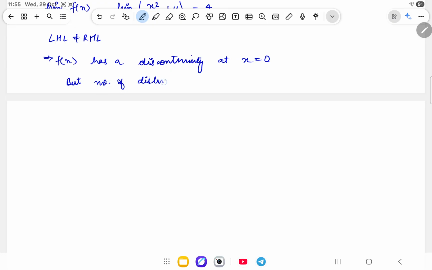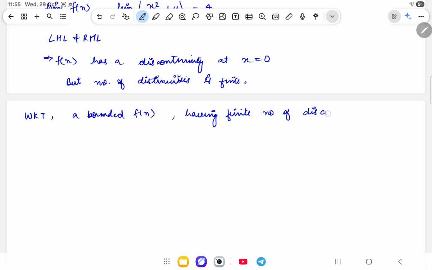The number of discontinuities is finite. And using the result which says that a bounded function f having a finite number of discontinuities on a closed interval a comma b is Riemann integrable on closed interval a comma b.